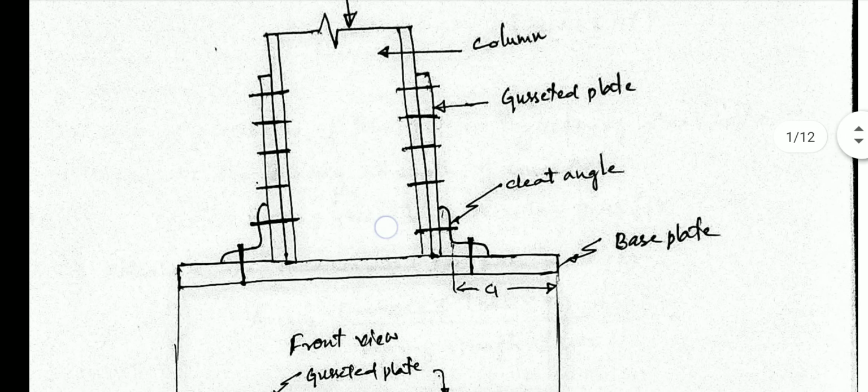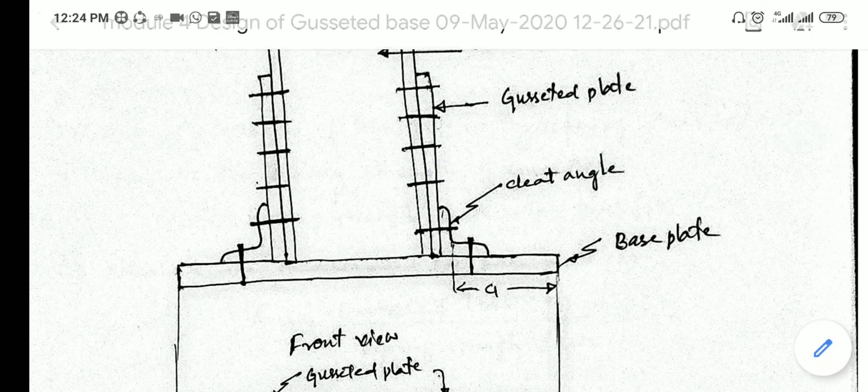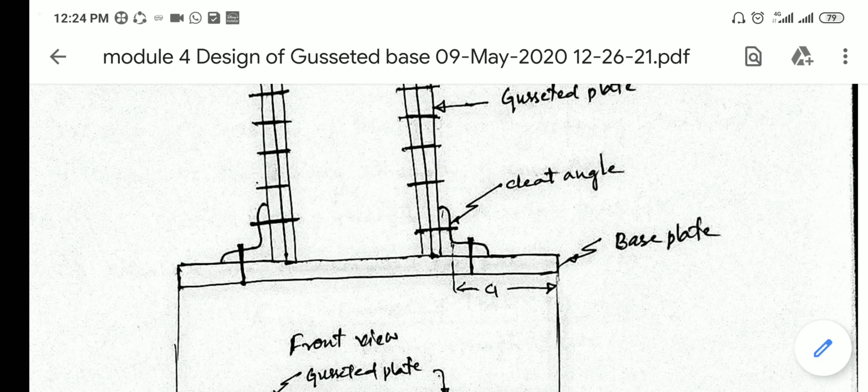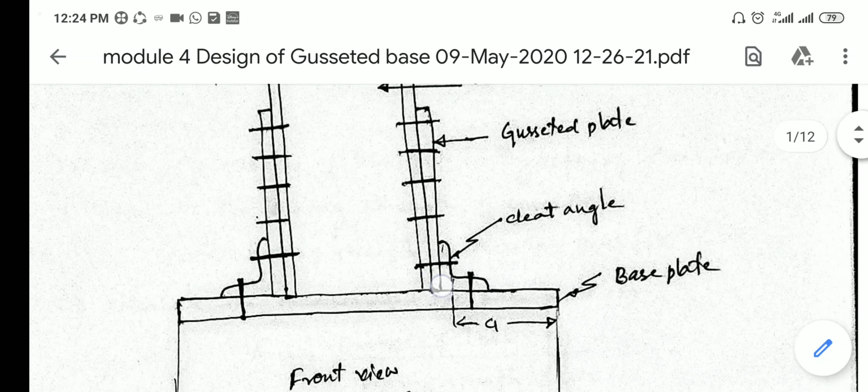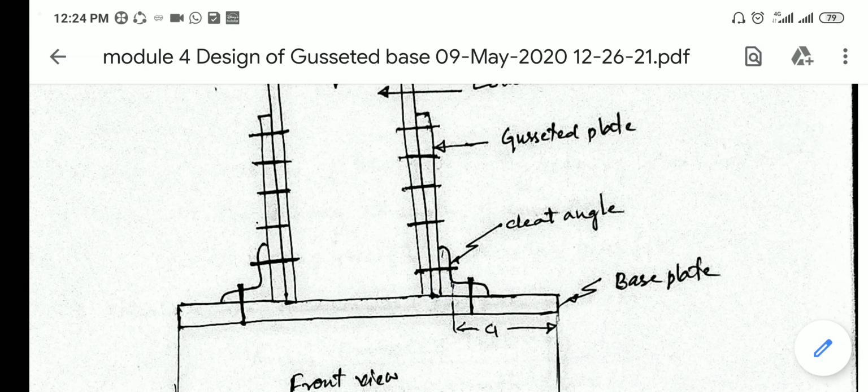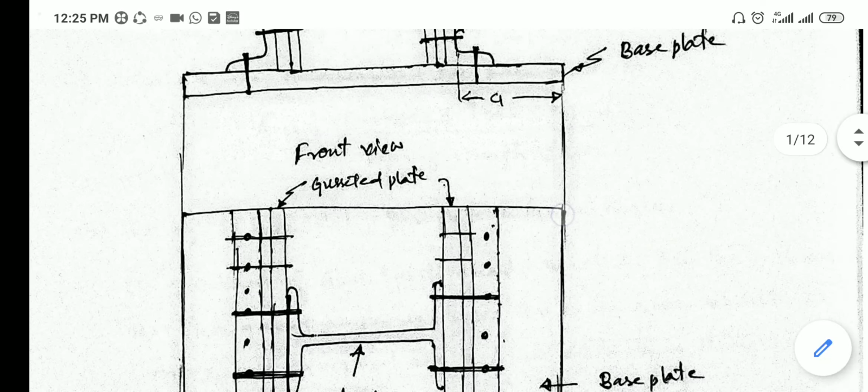The I section depth plus 2 into the thickness of the gusseted plate, plus 2 into the horizontal leg that is connected with the base plate, plus the overhang. So we will get the total length of the base plate.